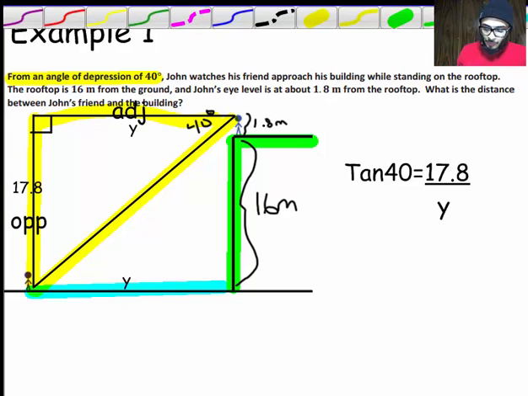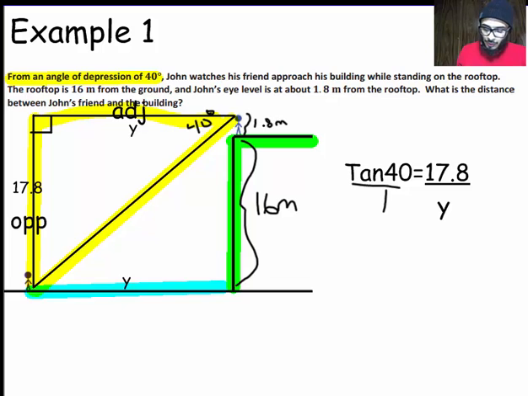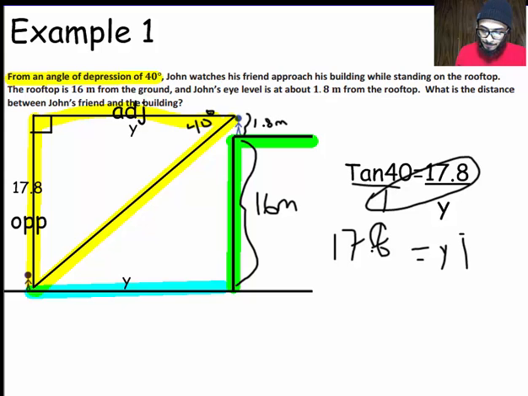So we could put this over 1. We're going to cross multiply. So 17.8 times 1 is 17.8. That's an 8, believe it or not. So 17.8 equals y times the tan of 40 degrees.